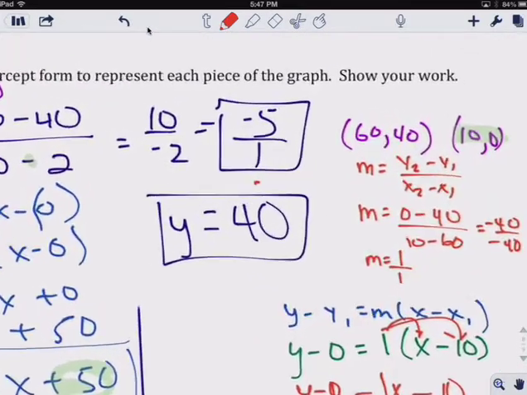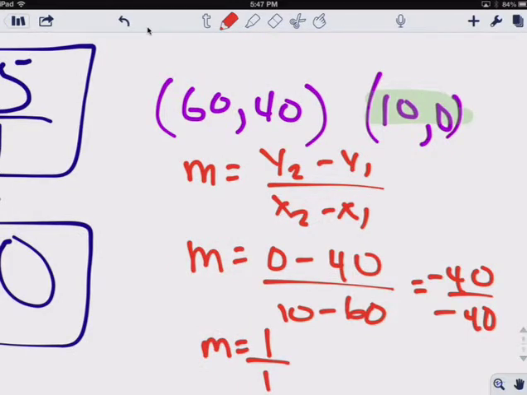Ooh. 0 minus 40 and 10 minus 60. It's positive.